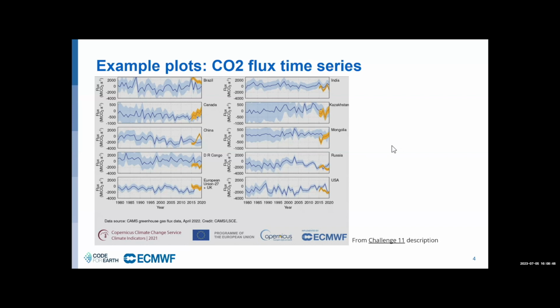This comes from the inverse optimized datasets. This dataset is scientifically interesting because it provides mainly greenhouse gases in terms of concentration, mean column, and fluxes. And in this plot, we are focusing on fluxes.